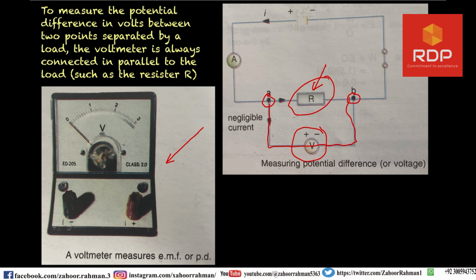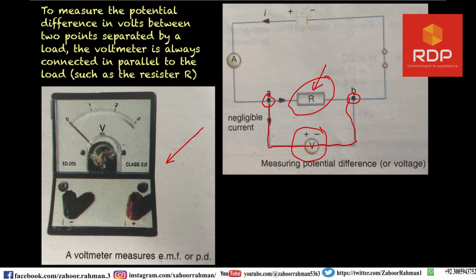Remember that an ideal ammeter, on the other hand, must have a very much lower resistance compared to that of the load, so that the amount of electrical energy dissipated is very small. In this manner, the current I flowing in the circuit will not be smaller than what it should be.